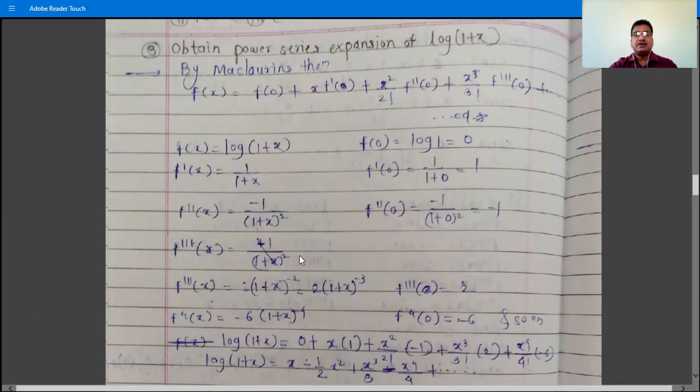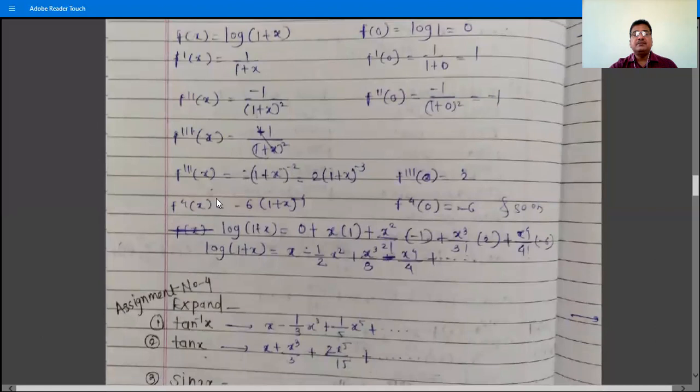Then f triple dash x, the derivative of this quantity. So f triple dash x is the expansion (1 plus x) raised to minus 2, and this is the simplification. Its next derivative is: the minus and minus become plus, 2 times (1 plus x) raised to minus 2 minus 1, that is minus 3.